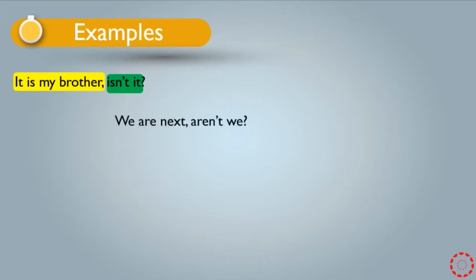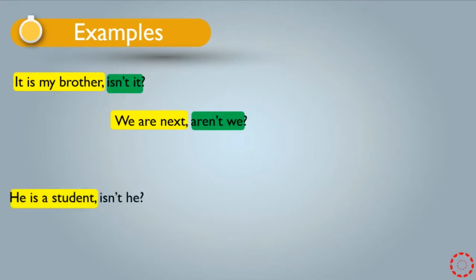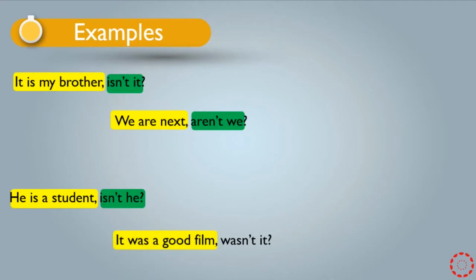Another one that we have: we are next, aren't we? So this one is the statement and this one is the tag. You have to be careful about that. As I said, it always comes at the end of the sentence. Another one, he is a student, isn't he? This one is a statement again, and this one is the tag. It was a good film, wasn't it?